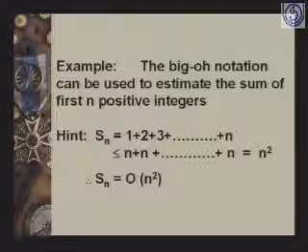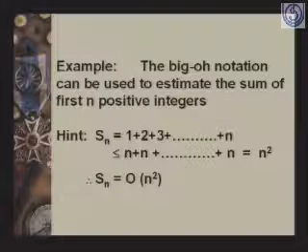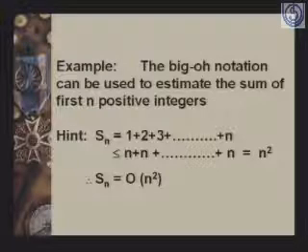Now we will find out the big O order of the sum of the first n natural numbers. Sn is equal to 1 + 2 + 3 + ... + n. Each of the numbers 1, 2, 3 up to n is less than or equal to n.